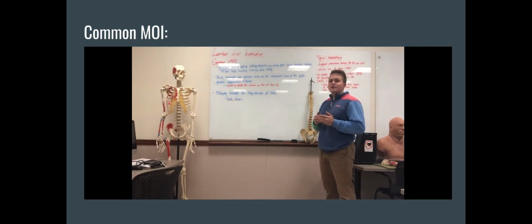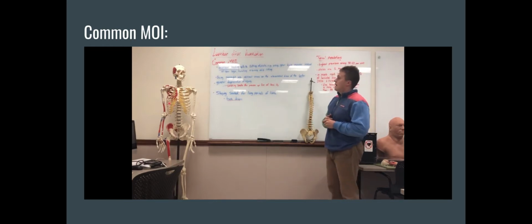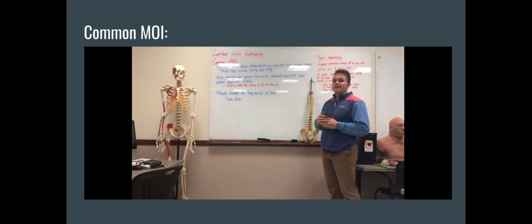And additionally, this commonly occurs when you twist and turn while you lift an object, and most of the time this is just a way to maneuver whatever you're lifting and get it to where it needs to be. And then when we look at a lot of the literature, we have found that being overweight puts a lot of additional stress on the lumbar region, and this increases your risk for a herniation. And then simply just the general degeneration of aging can speed up this process.